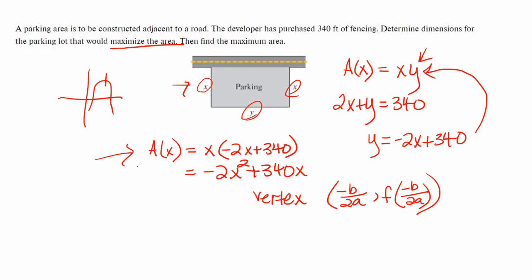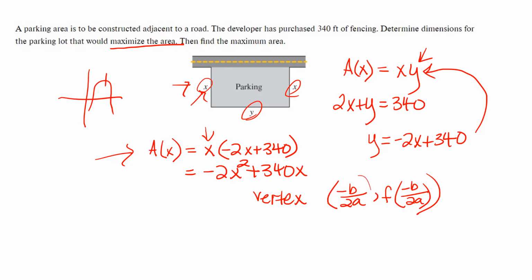This area function is the length times the width of the parking lot. X is the width of the parking lot. So we're trying to figure out what value of x is going to maximize the area.